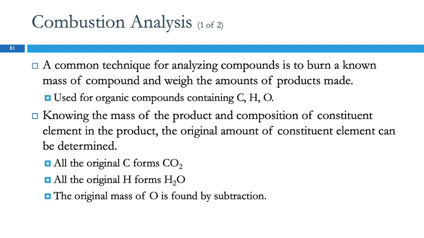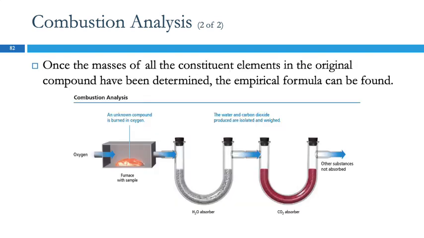But anyway, here we go. So how do they figure out empirical formulas? One way, for hydrocarbons or anything that's carbon, hydrogen, and oxygen, you can burn that substance in a confined space, and you can catch the gas products that come out, and you can figure out what the empirical formula is that way. So let's look at this illustration. You measure a sample.